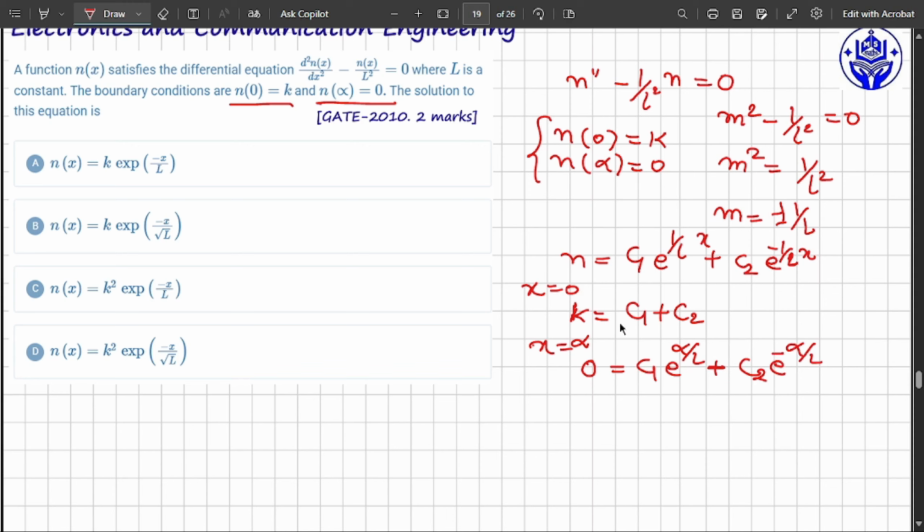I can find c1 and c2. I can just replace from here. The c1 is nothing but k minus c2. If I replace it here, then it will be 0 is equal to k minus c2 e to the power of alpha by L, not 2, plus c2 e to the power of minus alpha by L.